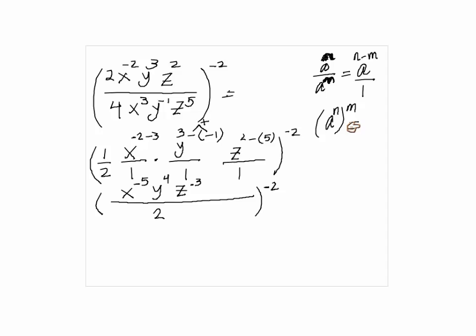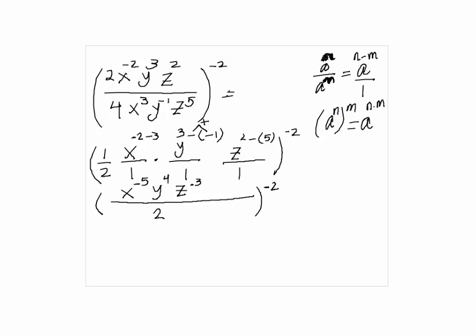What is this equal to, Sunit? You will get a to the power of nm. That would be n times m. Very good. So over here, we need to multiply these exponents together, just like according to this property. Okay? So if we do that, let's see what we get.